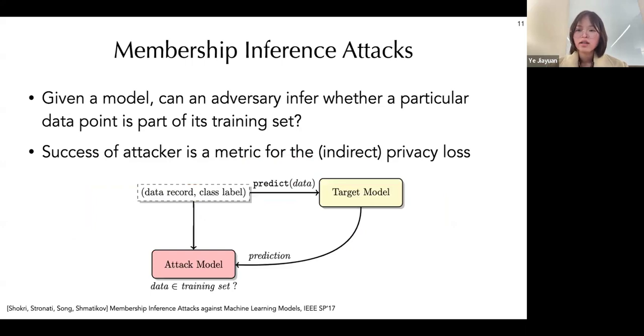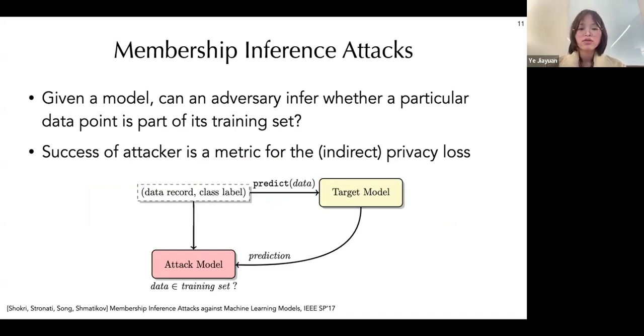So in this lecture specifically, we will cover membership inference attack, which asks a very simple question: given the model, can an adversary infer whether a particular data point is part of its training data set? So it's a question of is it there or not there? A binary question.